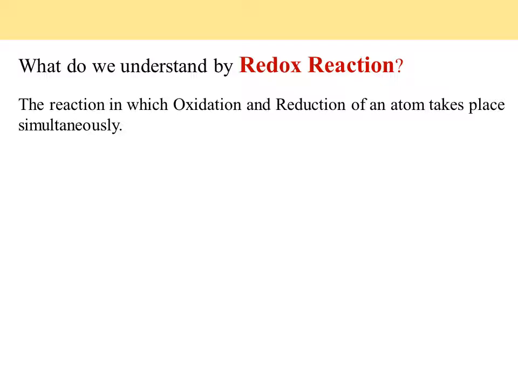So based on that concept, the word atom represents both neutral as well as charged species. So the reaction in which oxidation and reduction of an atom take place simultaneously. Simultaneously means at the same time. So oxidation will take place, reduction will also take place, but both will take place at the same time, or maybe one after the other.